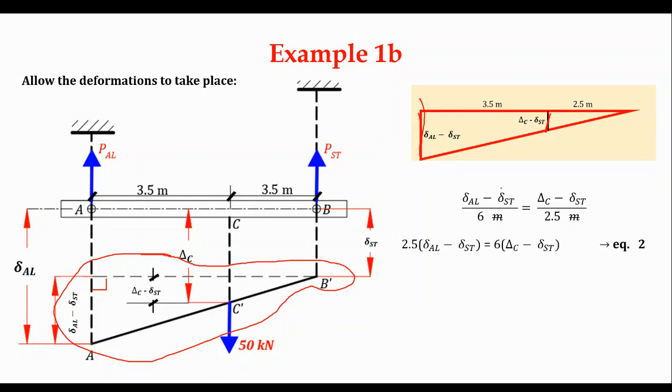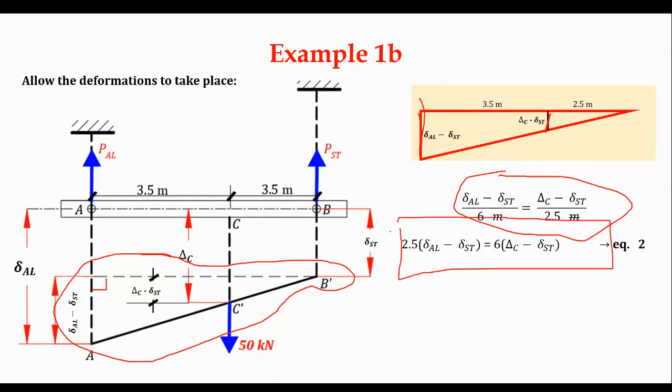Ratio and proportion. I know you are already familiar with this because there is a lot of this in surveying. Alright, so cross multiplying, we get the relationship. So we have related the three quantities based on the movement of the bar.